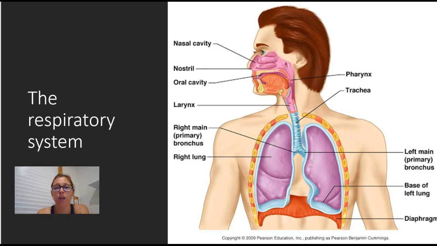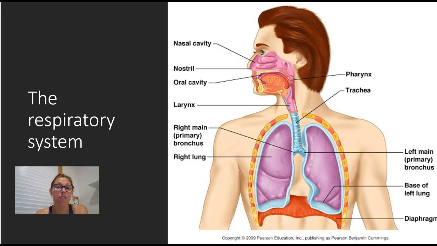obviously under here our nostrils by which the air is taken in if you're a nose breather, and through your oral cavity if you're a mouth breather. So coming in, the airways are connected, so our nasal cavity and our oral cavity do come together, and at the back of our throat is our pharynx.